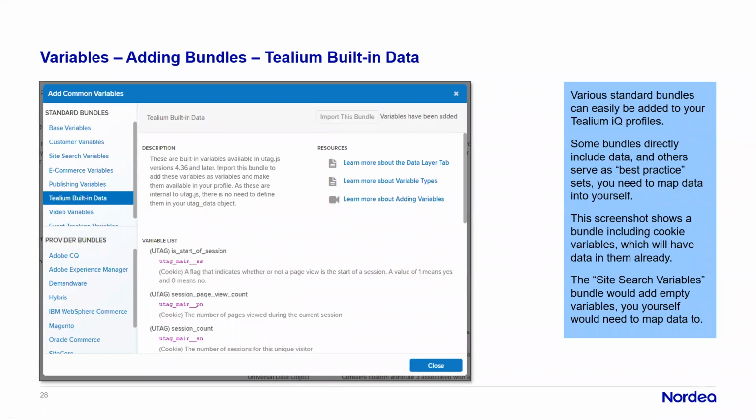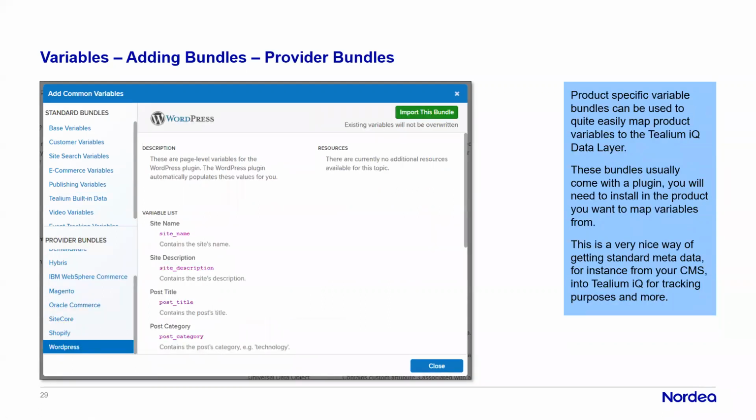You also have stuff like, for instance, e-commerce variables. I mentioned that Tealium IQ has some recommendations to how you track certain things. And you have a package for e-commerce variables that adds the ones Tealium recommend, then gives you an easy way to map those in your tags, for instance. We also have what Tealium calls provider bundles, and that is actually the bundles in Tealium IQ that match some of the plugins or libraries I mentioned earlier.